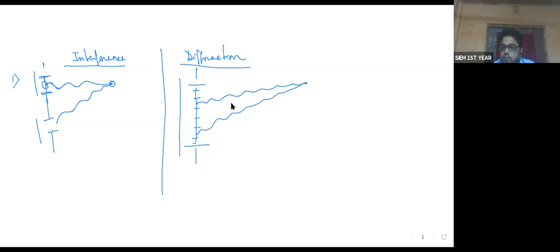So waves may come from the same wavefront but from different positions of the wavefront, and they interfere at some position. So it will produce a diffraction pattern. Clear or not? Clear, sir.